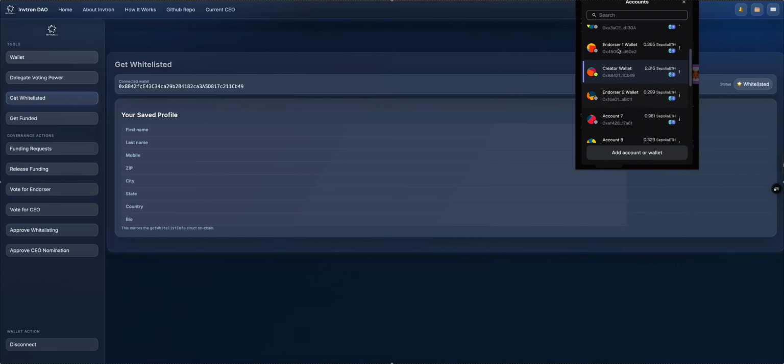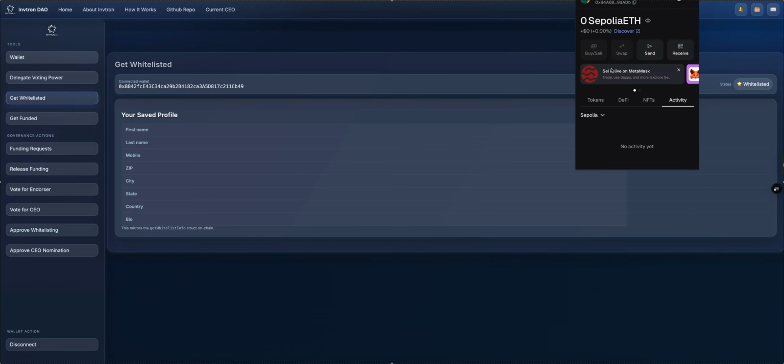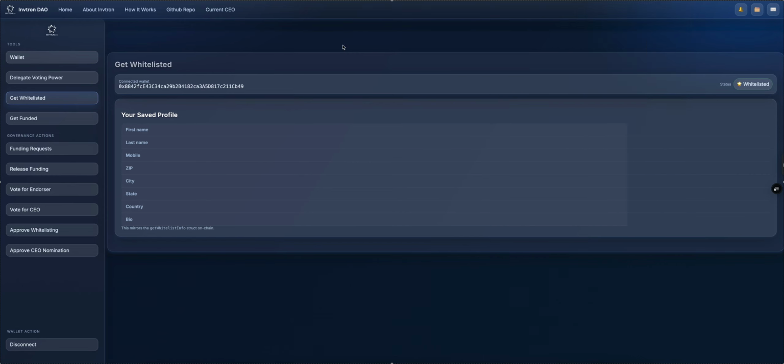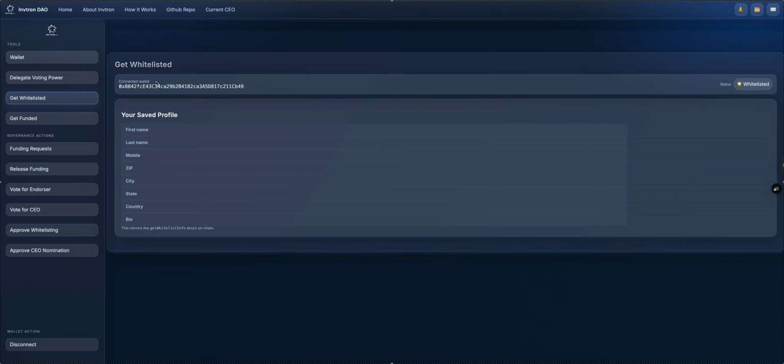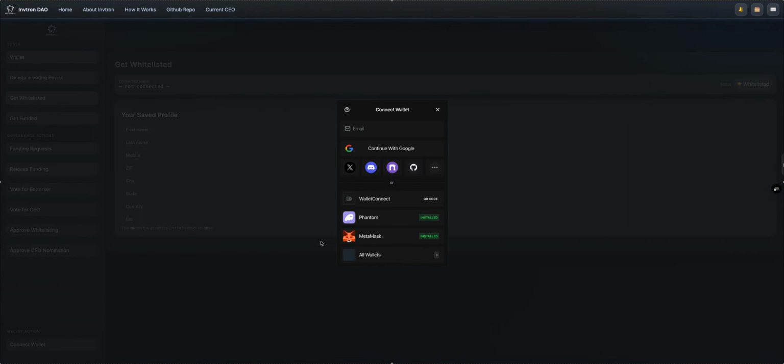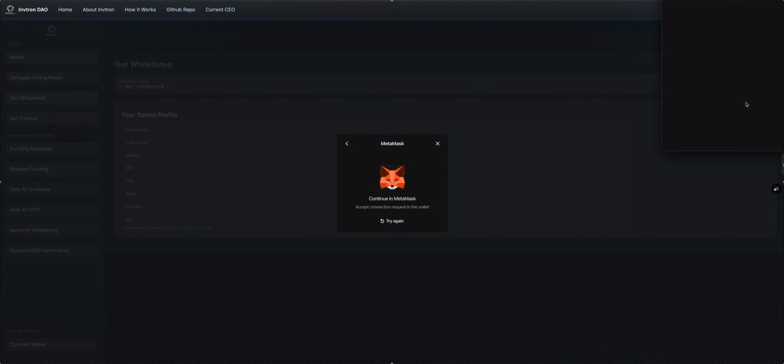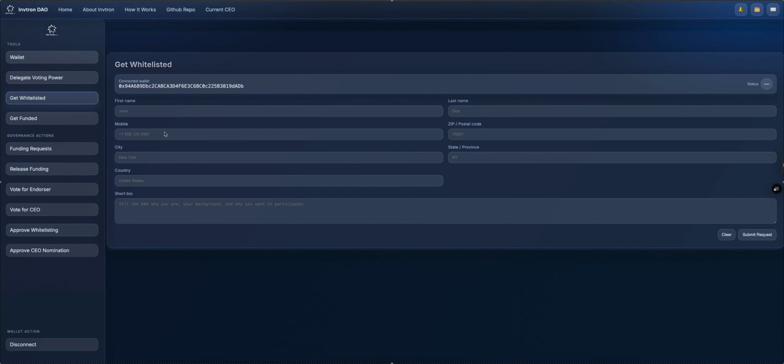Now this wallet will have Sepolia, which means they will be able to interact with the network, because without Sepolia, which is Ethereum, you will not be able to pay for transactions, right? So let's disconnect and connect again because this wallet was not connected in the beginning. Okay, so now it's connected.